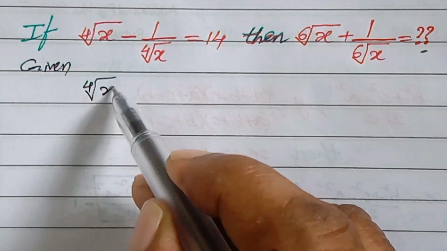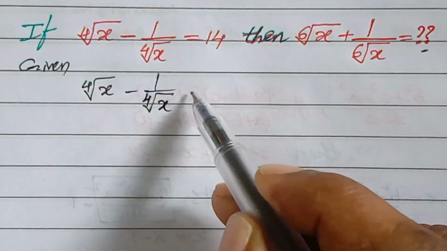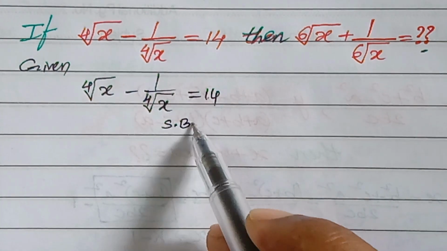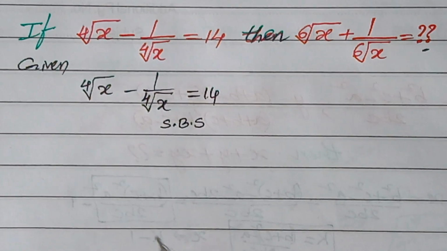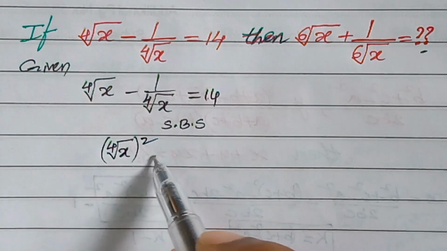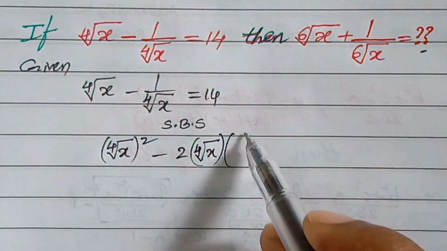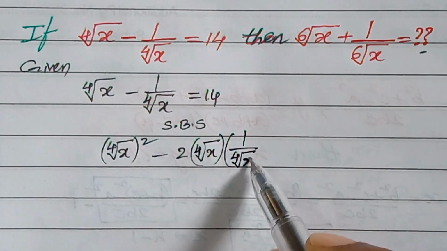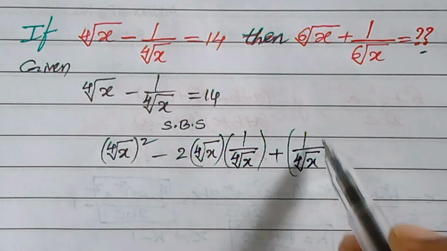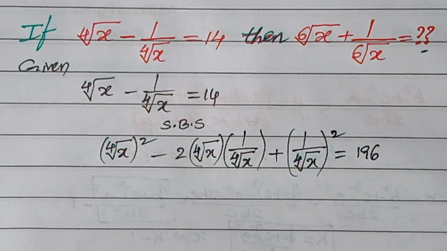fourth root of x minus 1 by fourth root of x is equal to 14. As I already told you, you have to do squaring on both sides. So fourth root of x whole square minus 2 into fourth root of x into 1 by fourth root of x plus 1 by fourth root of x whole square is equal to 196, which is 14 square.